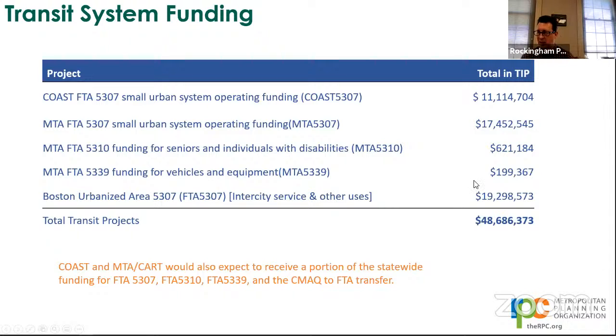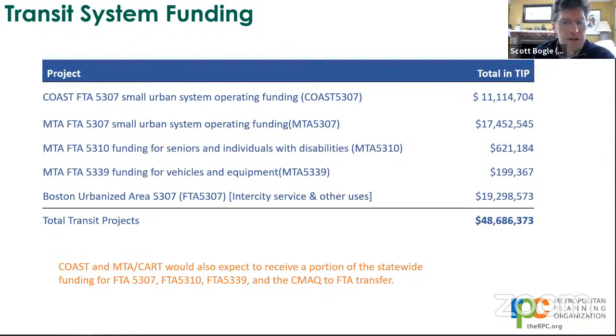Those are listed individually, and then we also have the Boston Urbanized Area 5307 funds, which is primarily used to fund the intercity service on 93, but there are other uses for that as well. So we're totaling about $48.5 million in transit funding over the next four years. Scott, I don't know if you want to add anything to that.